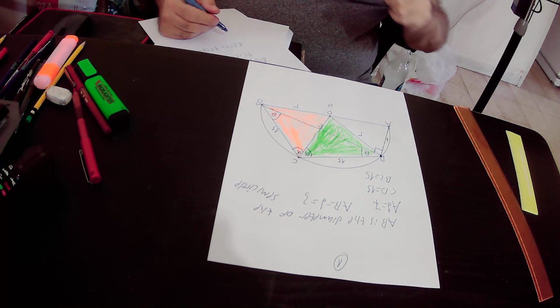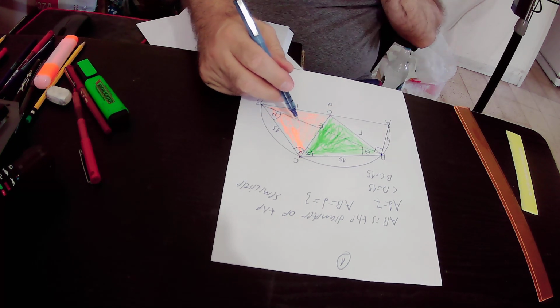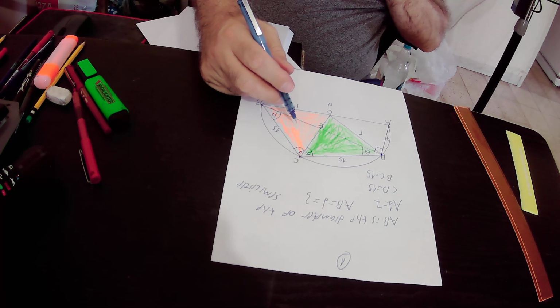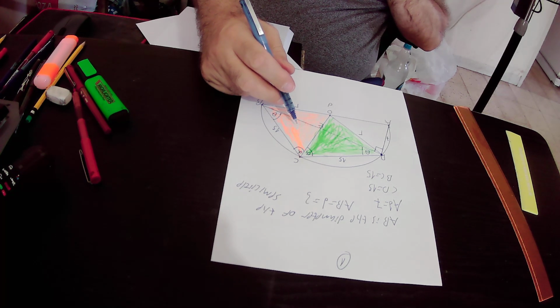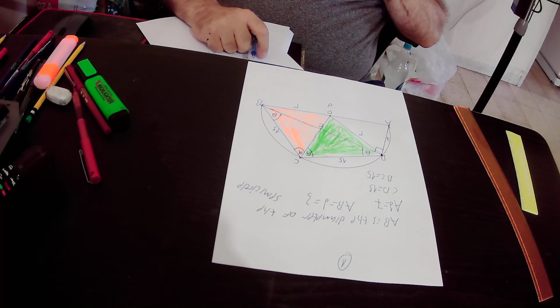Therefore, those two triangles are congruent to each other according to the rule of side angle side.